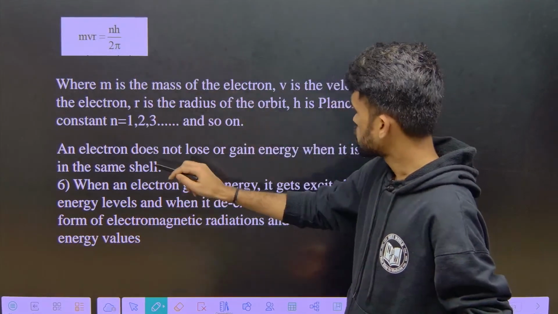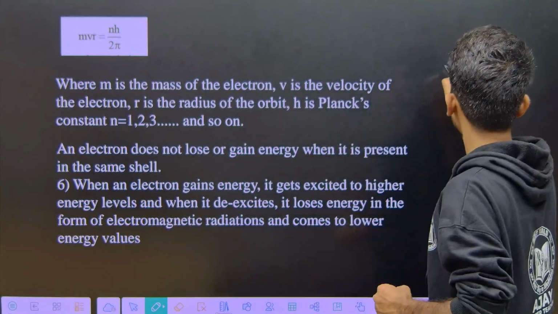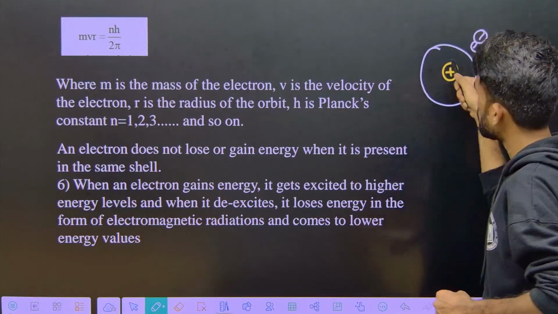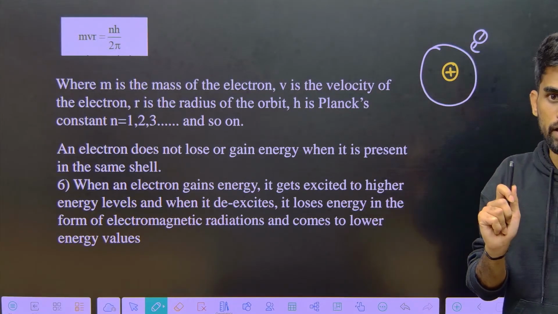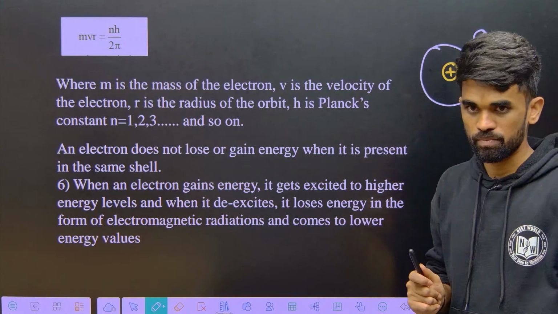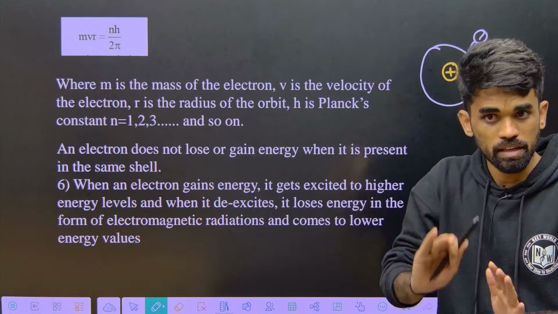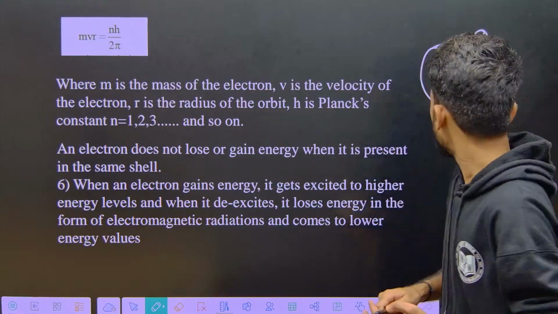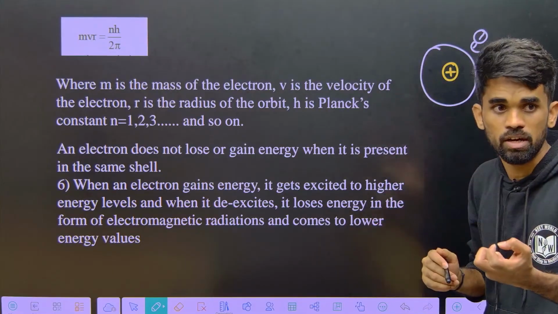Now what he told is that during the revolution of the electron around the nucleus, it will not emit or absorb energy. But if the electron emits energy, the energy of the electron decreases.